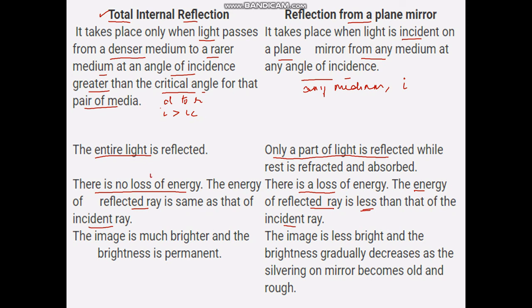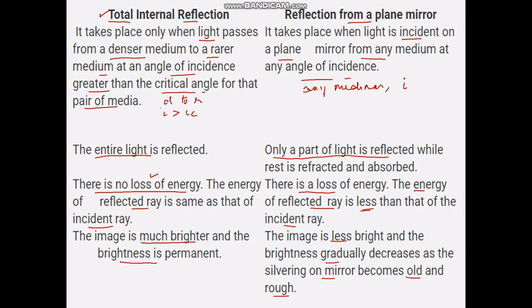Now children, since there is no loss of energy and all the light is reflected, the image is much brighter and the brightness is permanent. The image is less bright and the brightness gradually decreases as the silvering on the mirror becomes old and rough.